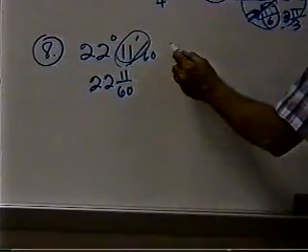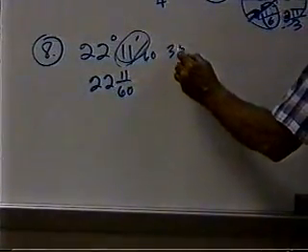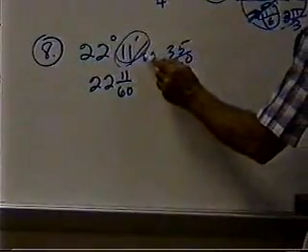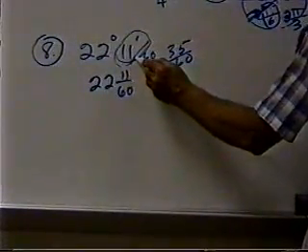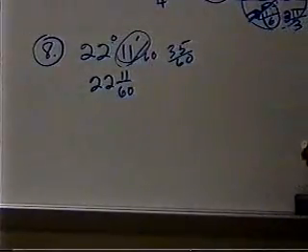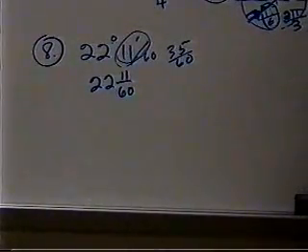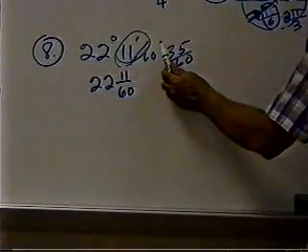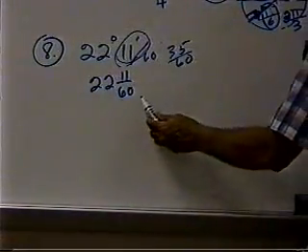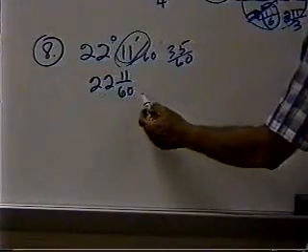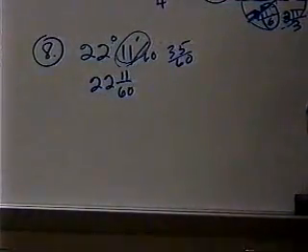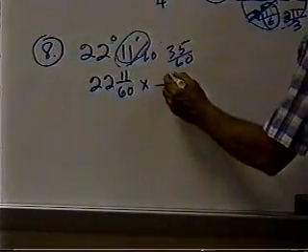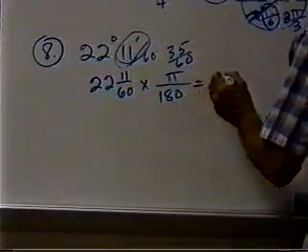Same thing as if I had seconds over here. If I had 35 seconds, I would divide that by 60. Change it over here to decimal minutes, divide that by 60, change it over to degrees. So therefore, the first thing, from changing degrees, minutes, seconds to radian measure, we have to change it into a decimal, or what you want to call a mixed fraction. Then we now multiply that by pi over 180.